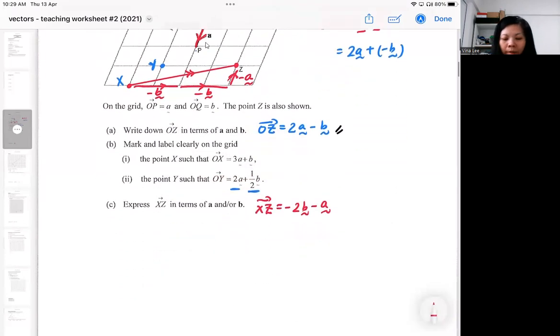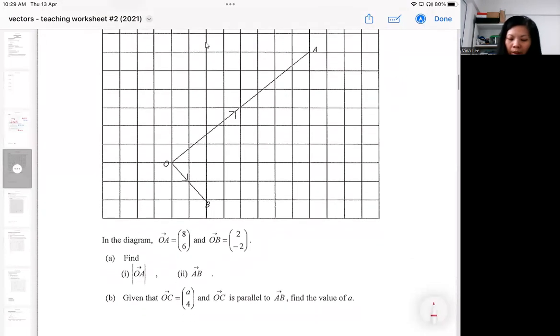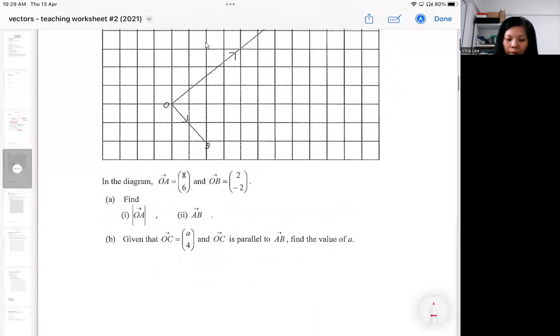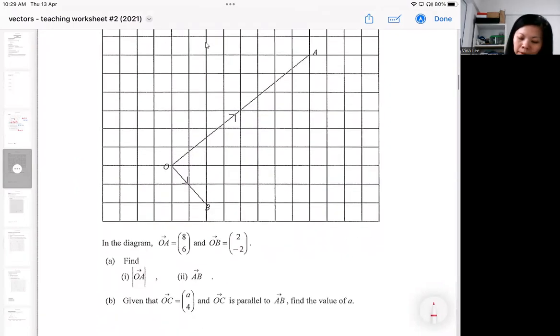Okay, another one here. This one they actually gave you a grid, but if you don't need a grid, you can also answer this question. In this question, we are given OA, we are given OB. The first part is quite easy.